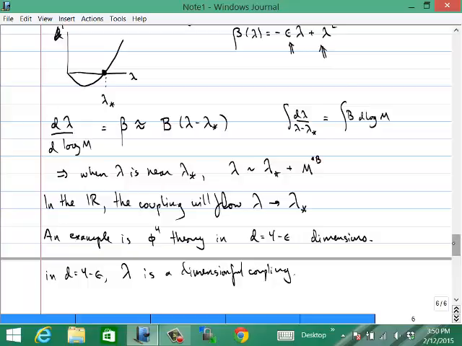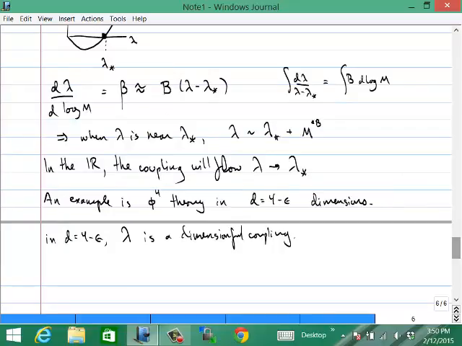And so that means that under a renormalization group flow, d lambda by d log m is going to be proportional to lambda, rather than lambda squared. This is something that we saw last class, or maybe the class before, when we started introducing renormalization group flow, where we saw that dimensionful couplings will scale.